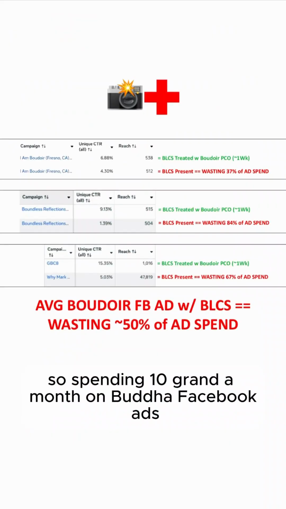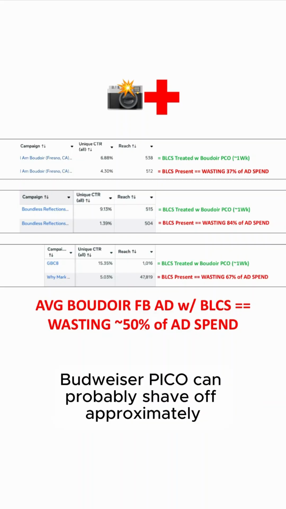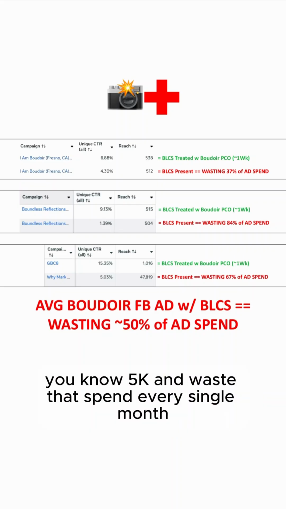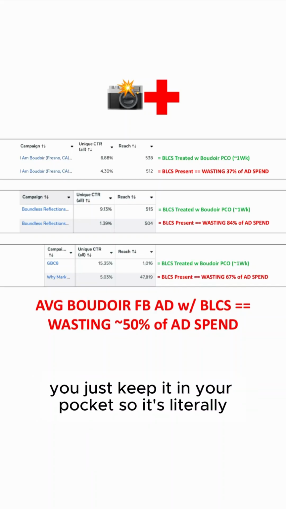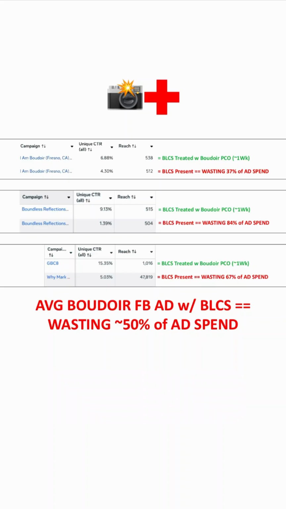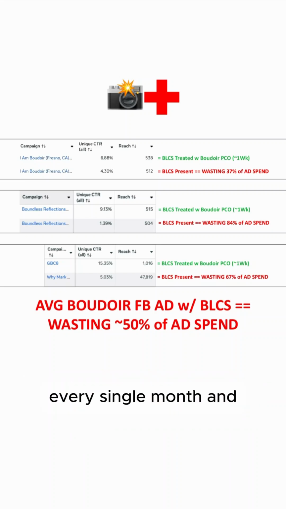So spending 10 grand a month on Boudoir Facebook ads, if the ads have BLCS, Boudoir Pico can probably shave off approximately 5K in wasted ad spend every single month. And you simply don't spend that. You just keep it in your pocket. So it's literally 5K phantom profit, phantom bonus every single month, Boudoir Pico bonus every single month.